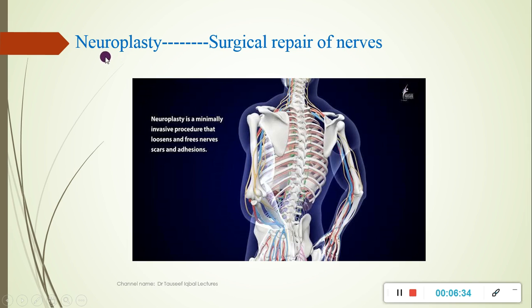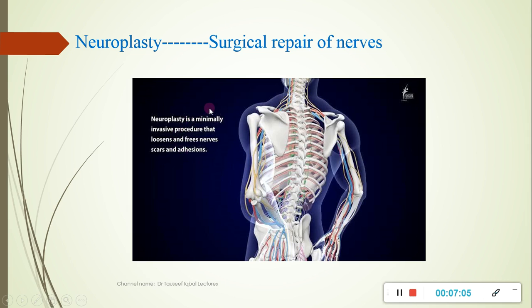Next one is neuroplasty. So neuro is derived from nervous system, while plasty is from plastic surgery or simply surgery. So surgical repair of nerves. Basically neuroplasty is a minimally invasive procedure that loosens and frees nerves from scars and adhesions.